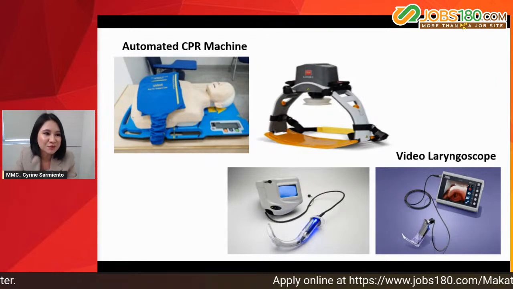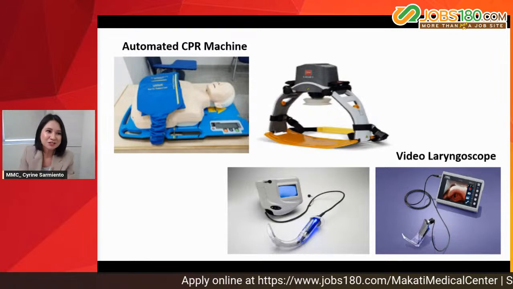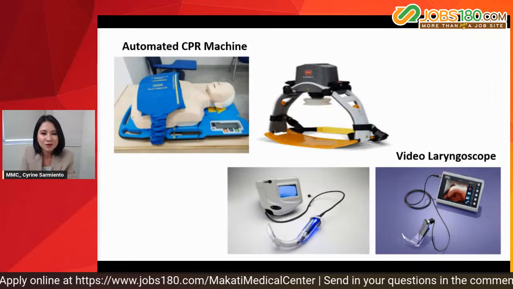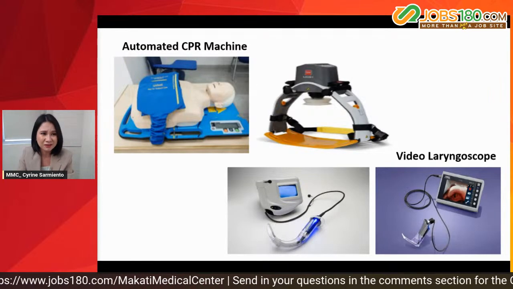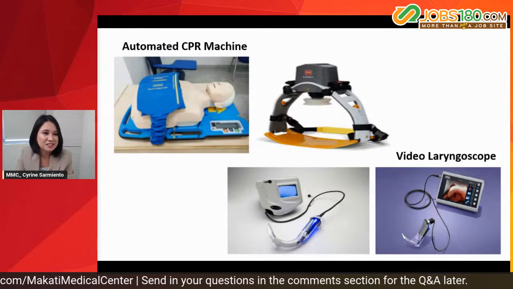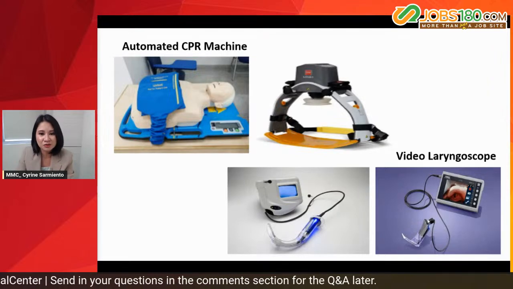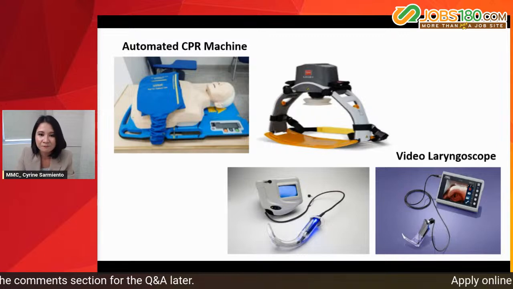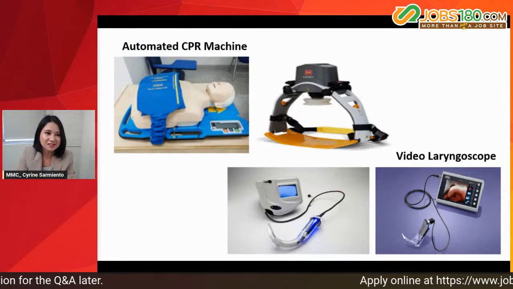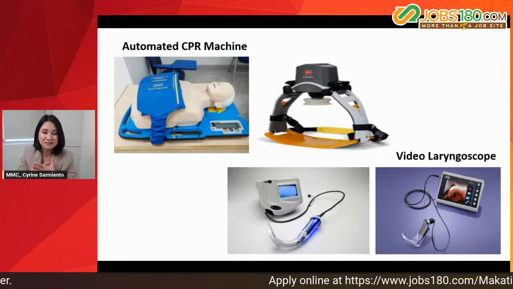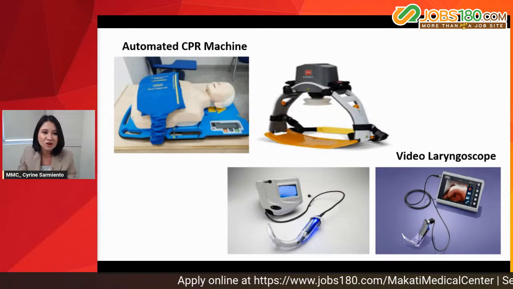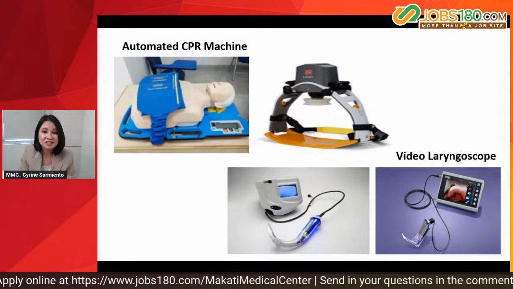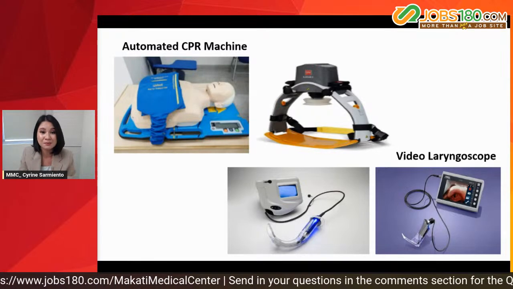I want to share with you that in my department, the emergency department, since I'm also a nurse and a healthcare worker, we also have advances that we use. First is this automated CPR machine. Who would have known? Maybe in school you learned that CPR is done manually. But here in Makati Med we already have automated CPR machines wherein the machines are the ones doing the CPR.